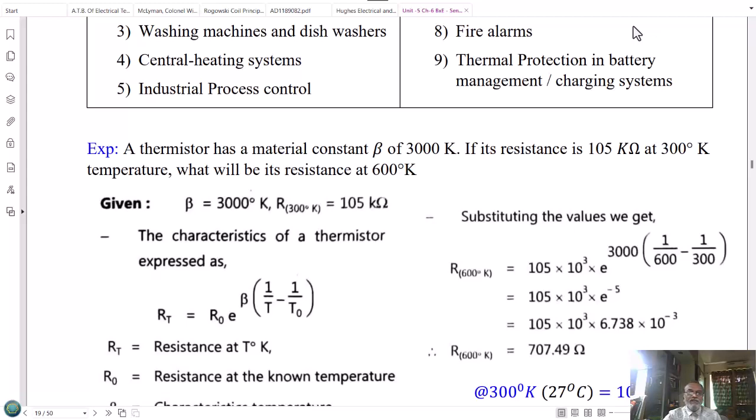So as usual, first read the statement and note down what is given. The beta value is given 3000 degree Kelvin. The resistance at 300 degree Kelvin is given as 105 kilo ohm. And what is to be calculated is the resistance at 600 degree Kelvin.